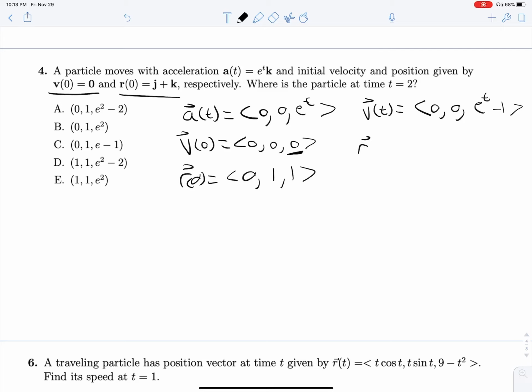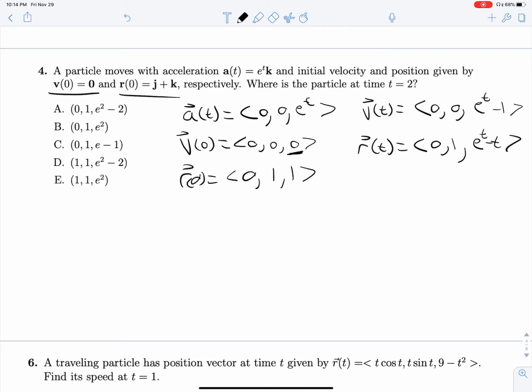And integrating again, r of t will give us 0, 1, e to the t minus t. Is there a minus 1? I should actually check myself. e to the t minus t for t equal to 0 is going to give us 1.